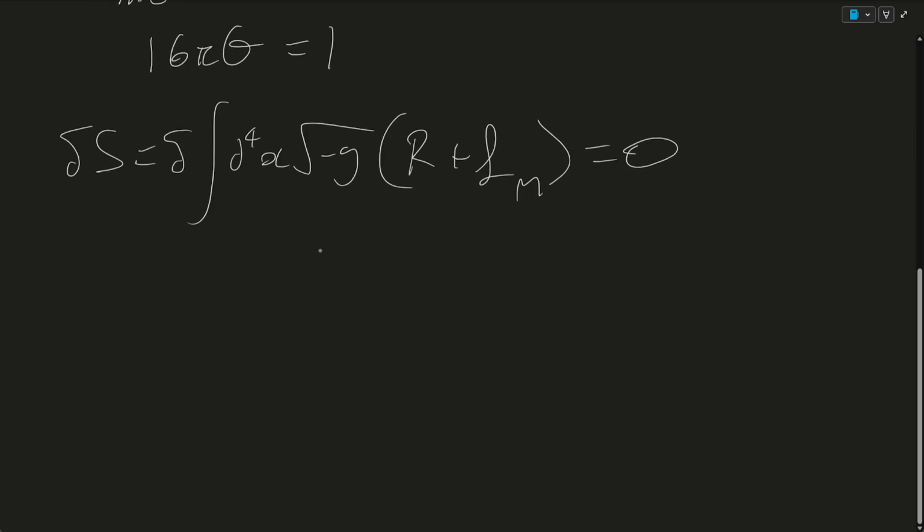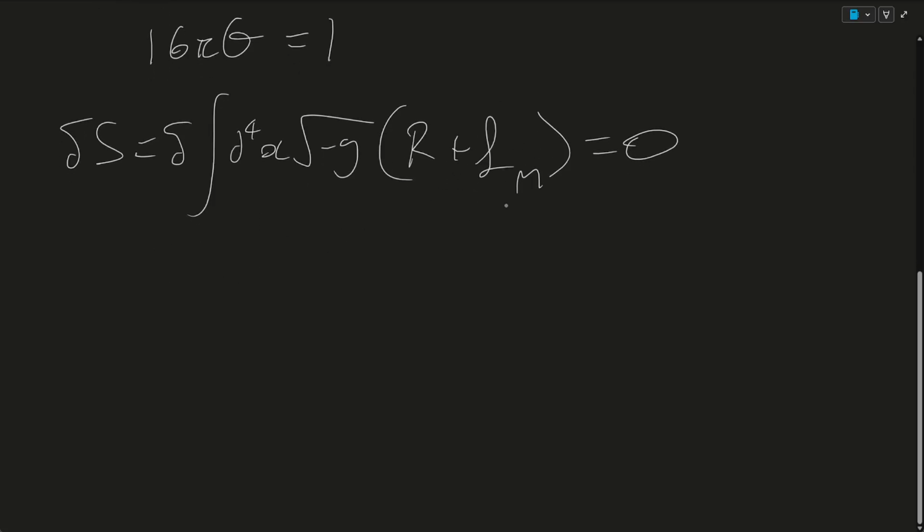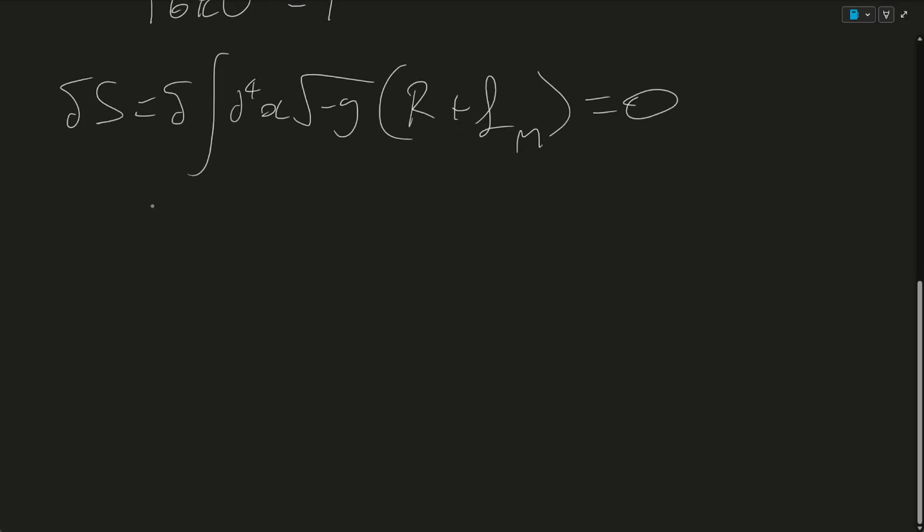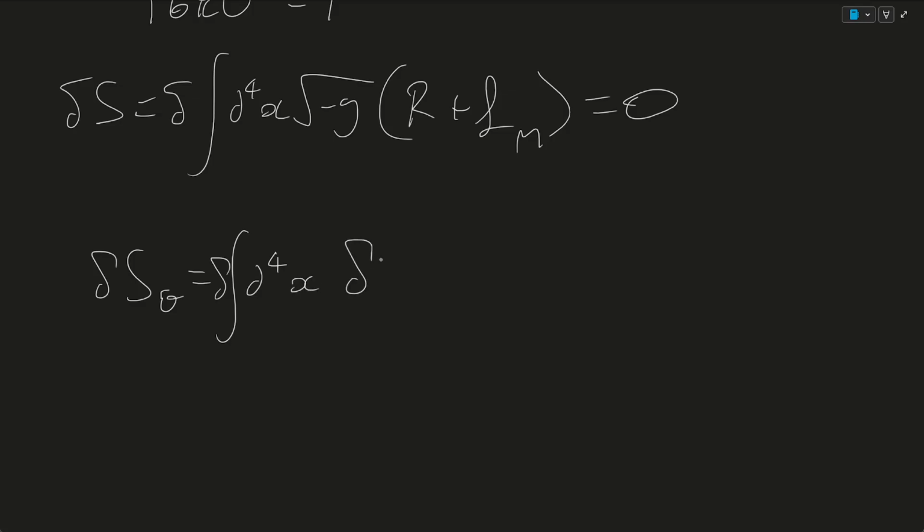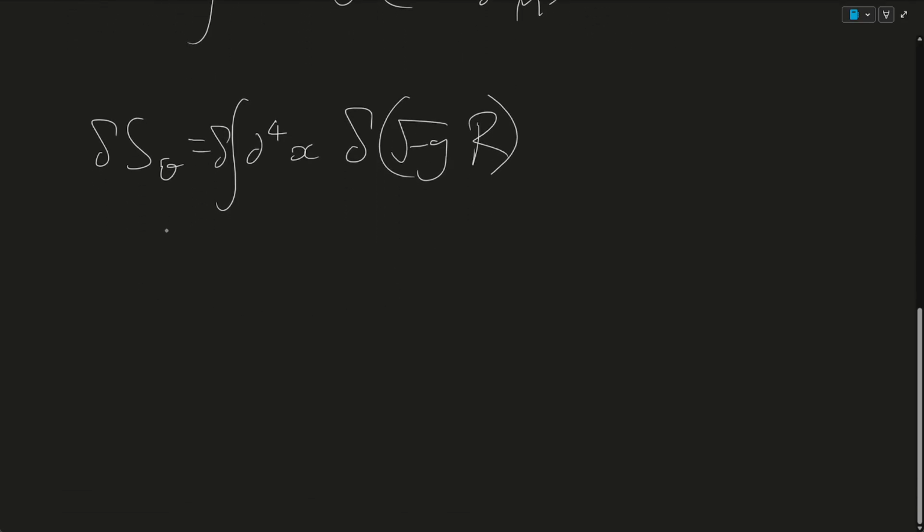Anyway, we're just gonna expand the gravitational part here to say that delta S_G is equal to delta times the integral d4x of delta root minus G R, and that can be expanded as the following.